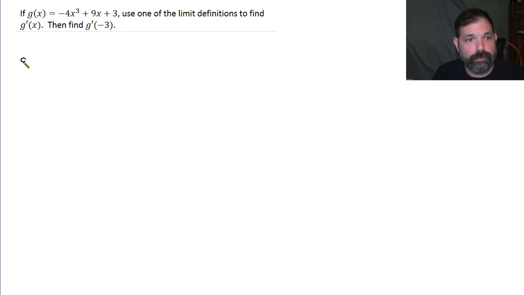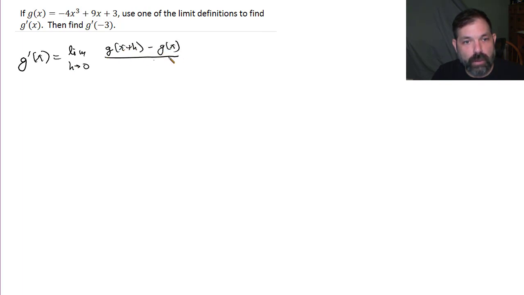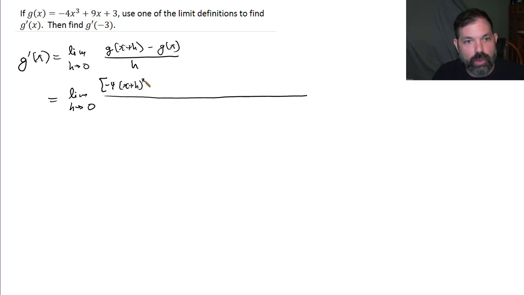Using the definition, g prime at x would be the limit with h approaching 0 of g of x plus h minus g of x over h. There's the definition. Now we've got to go through all the work. g of x plus h would be negative 4 times x plus h cubed.